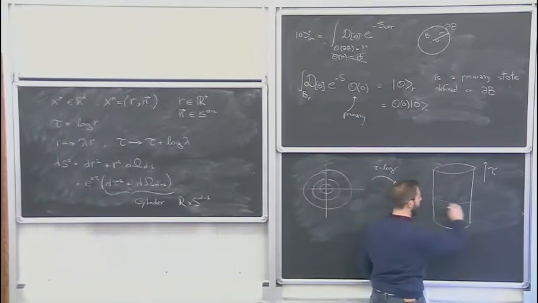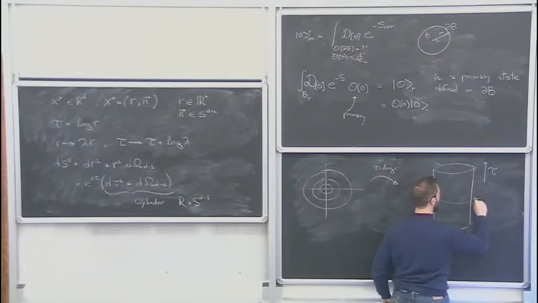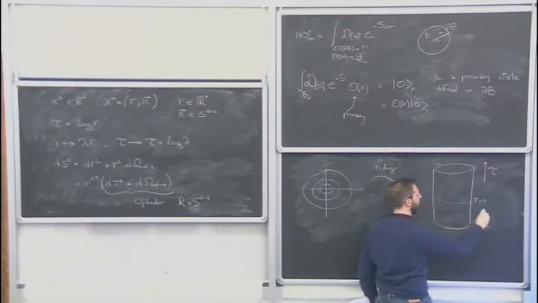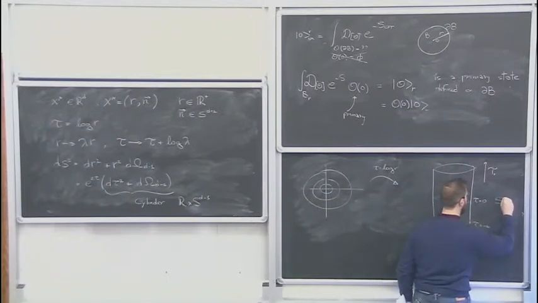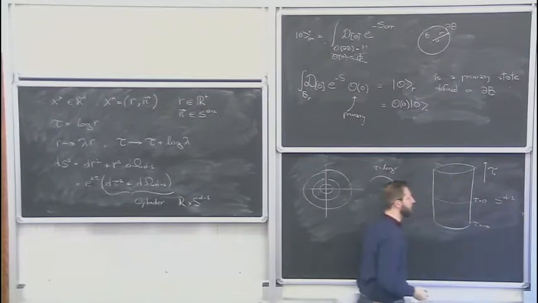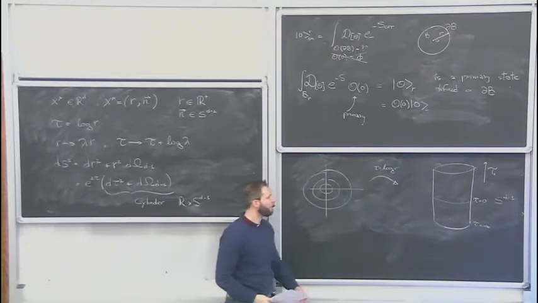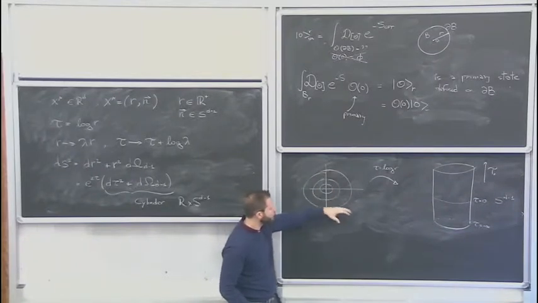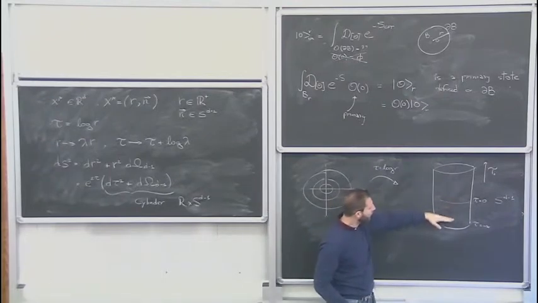Each slice at constant tau, let's say tau equals 0, or tau equal minus infinity, is a sphere. And moving from one sphere to the other corresponds to moving in the vertical direction in the cylinder.